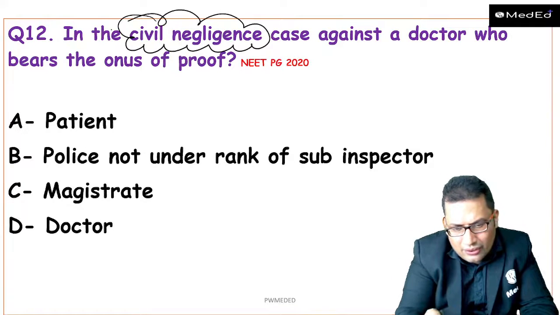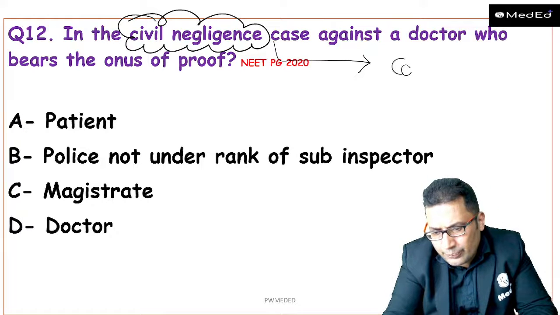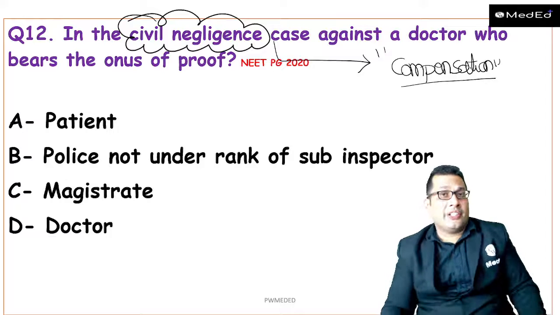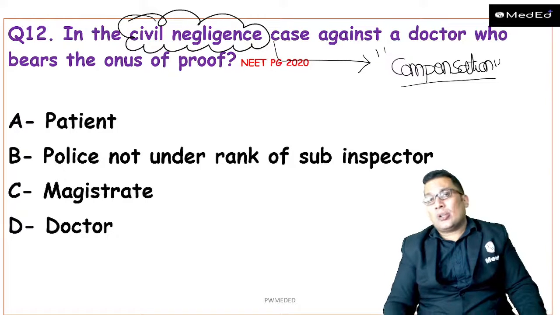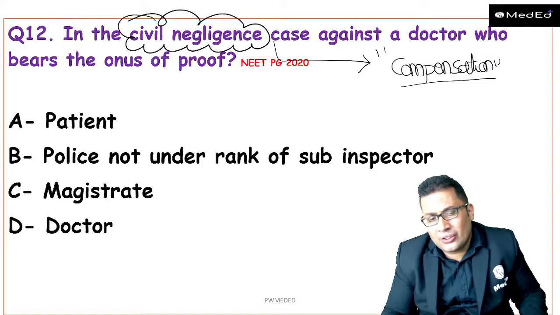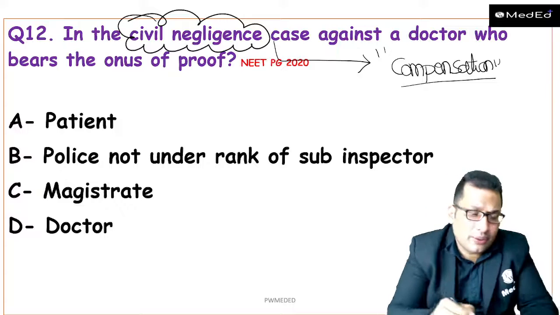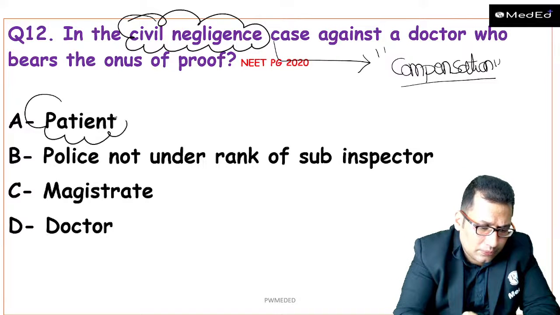Now here, civil negligence. What is the punishment? Punishment is compensation. For example, in the Kunal Shah case, the compensation paid is around 11 crore. So the question is, in civil negligence, who has to prove the negligence? The answer should be patient.